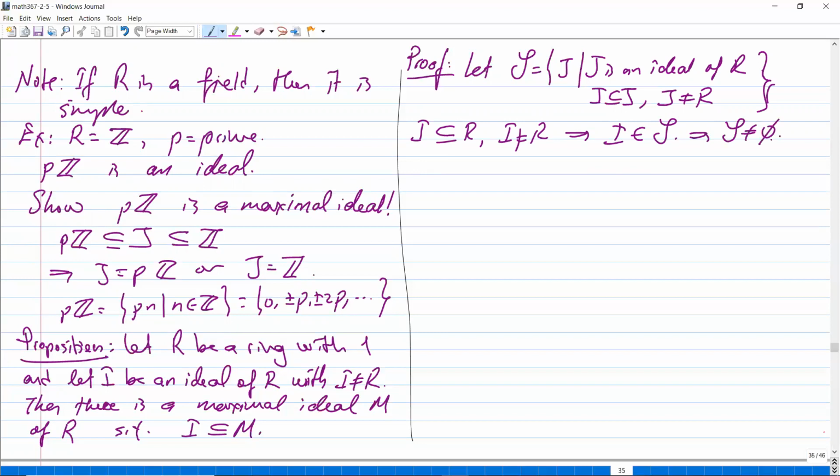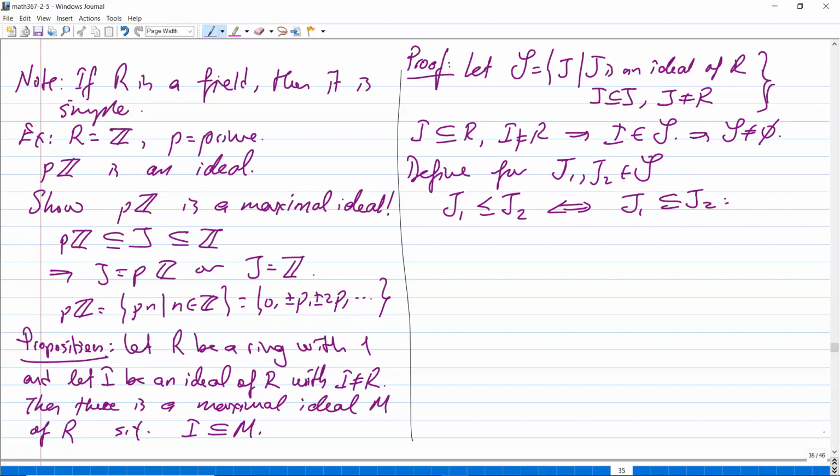Now let's define, for J1 and J2 in S, J1 is less than or equal to J2 if and only if J1 is a subset of J2. With this relation, S with this less than or equal to is a partially ordered set.